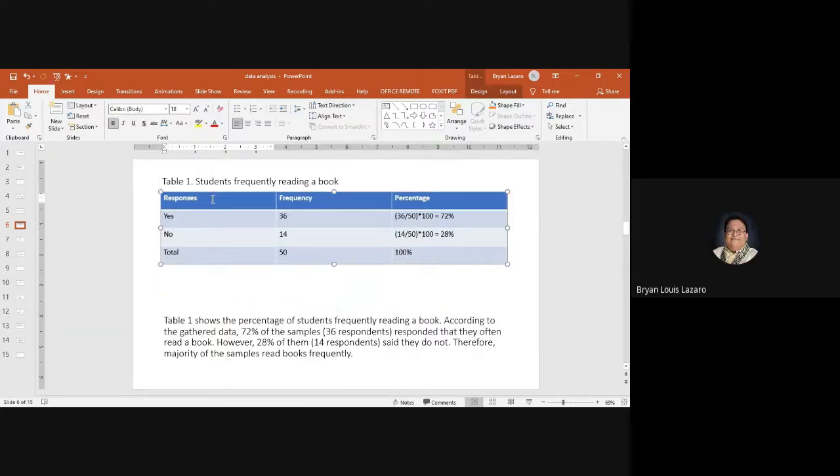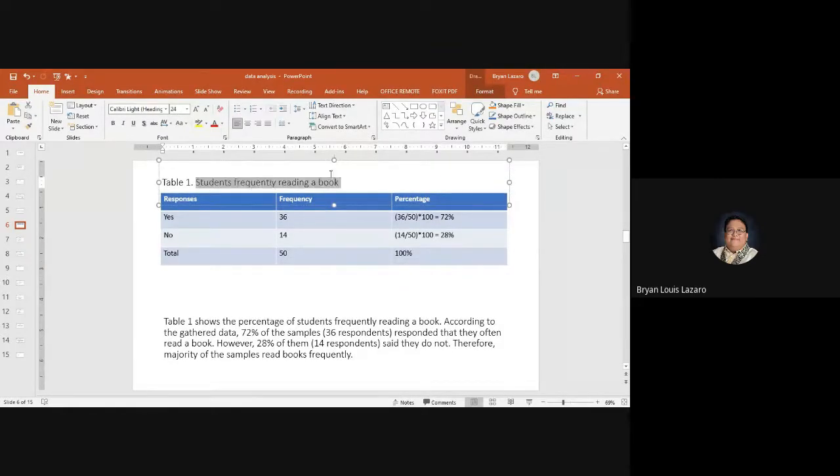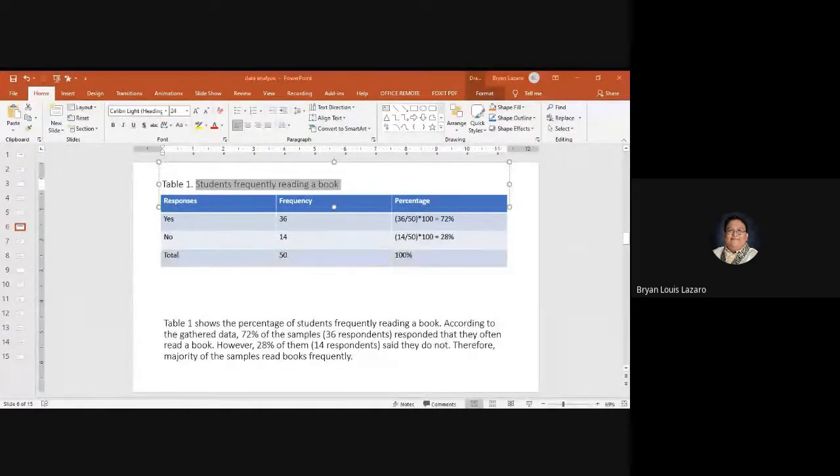So halimbawa, meron tayong Table 1. Hanap ako, titignan ko yung questionnaire ng gambling, kasi maraming may ganun yung check as many as you can.